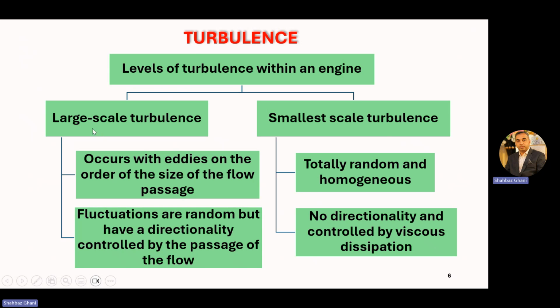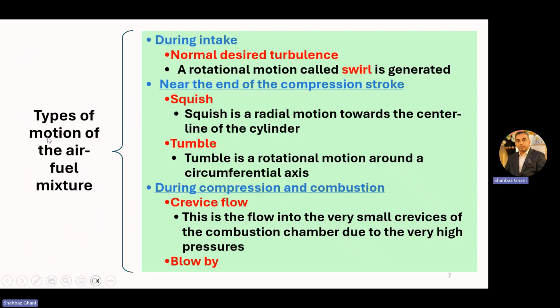In the case of large-scale turbulence, it occurs with eddies on the order of the size of the flow passage. Fluctuations are random but have a directionality controlled by the passage of the flow because they are in a closed environment. So we have these characteristics.